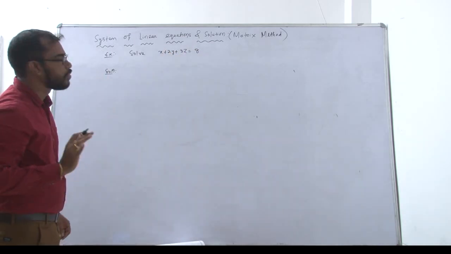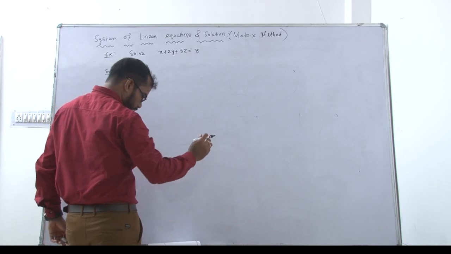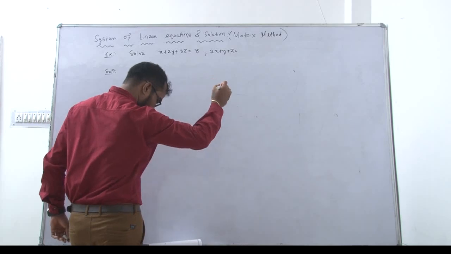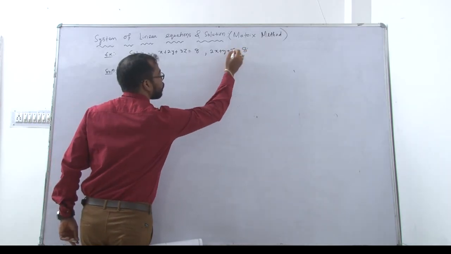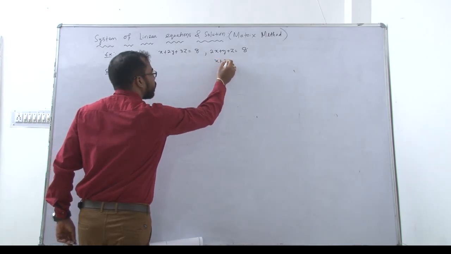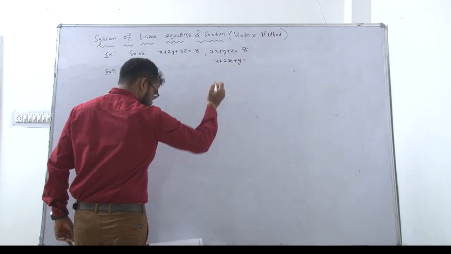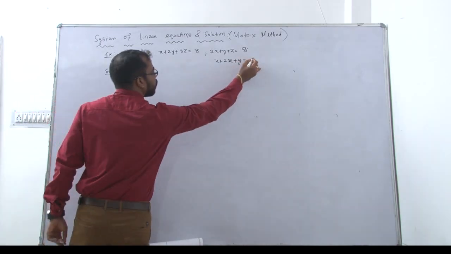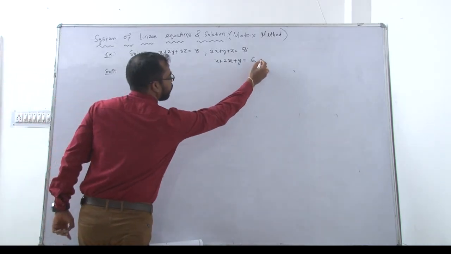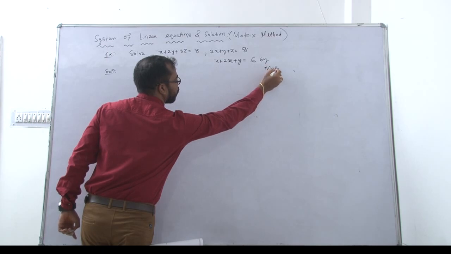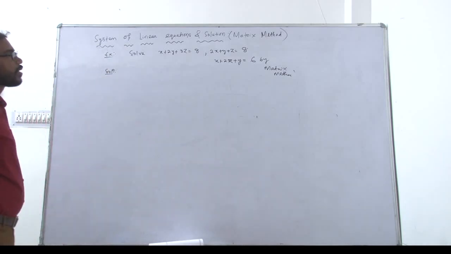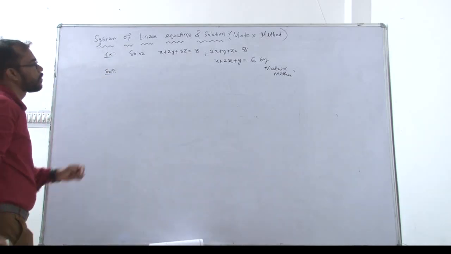So here we take 3 variables. Then the second one is 2x plus y plus z is equal to 8. And the third one is x plus 2z plus y is equal to 6. So solve the given system by matrix method, and it is a long distance category problem.